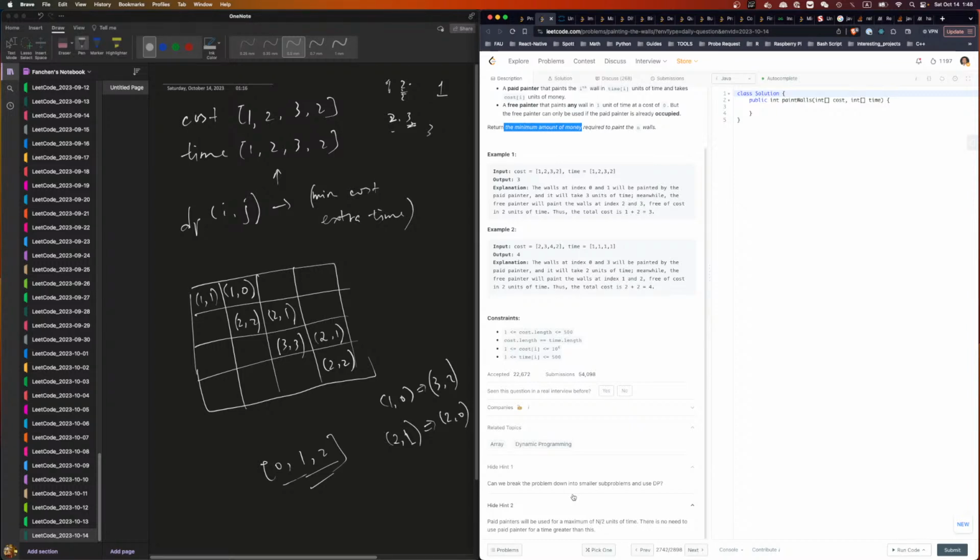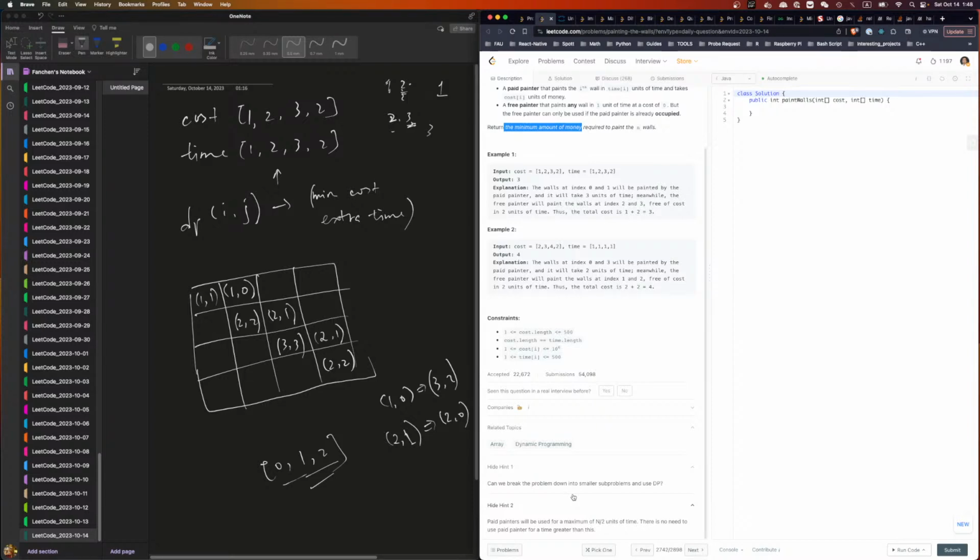Paid painters will be used for a maximum of n divided by 2 units of time. There's no need to use a paid painter for a time greater than this. That's the hint. I mean, what is n?